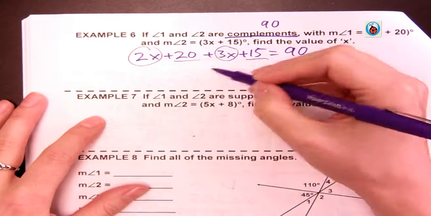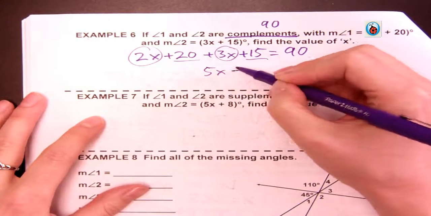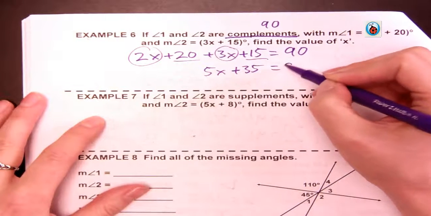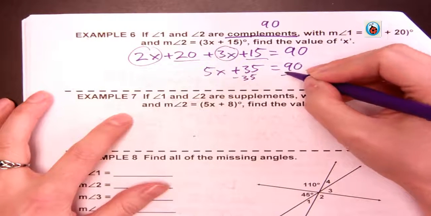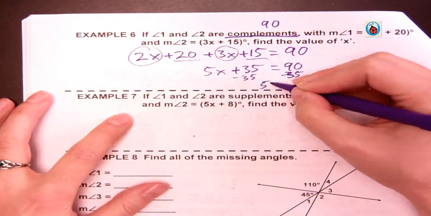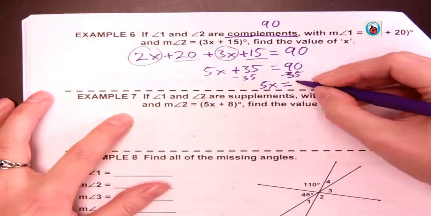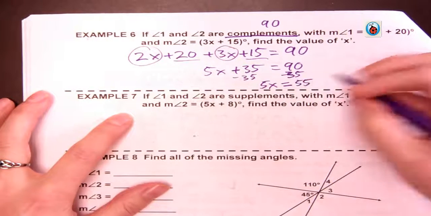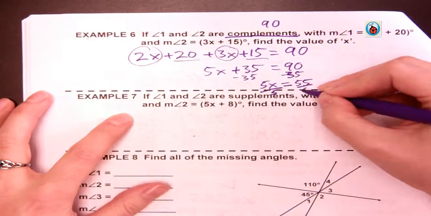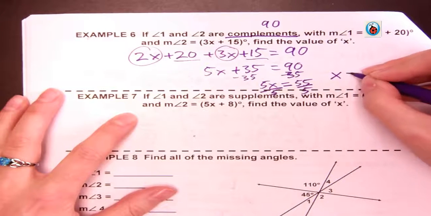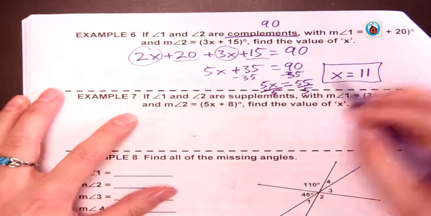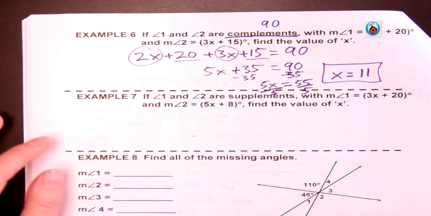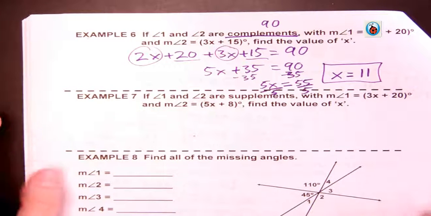So I combine my like terms to get 5x plus 35 equals 90. Subtract my 35 to get 5x equals 55. And then I divide by 5 to get x equals 11. It just asked me to find the value of x. I don't have to plug it back in.